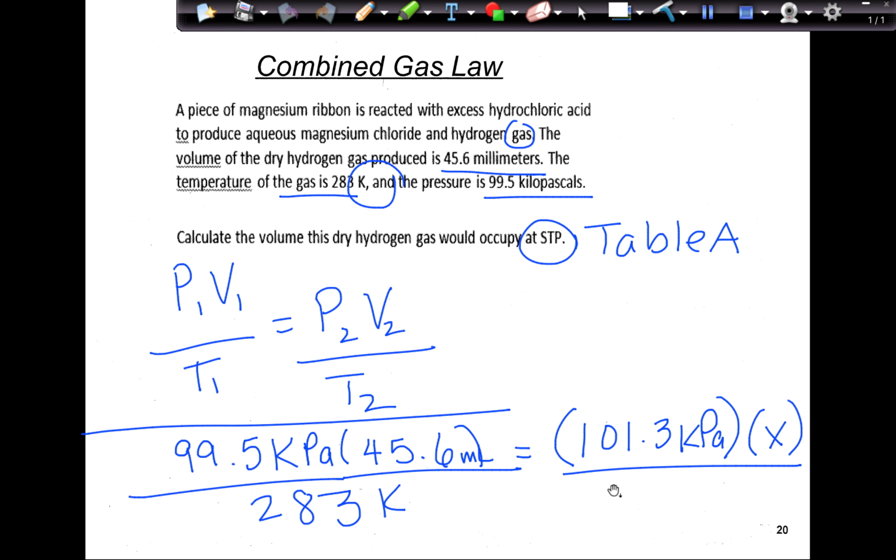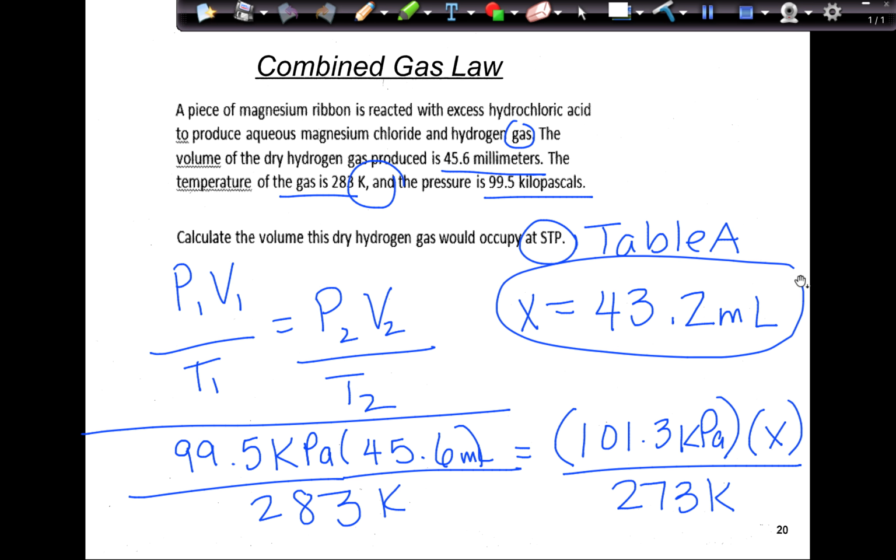We're looking for the new volume, and the new temperature is 273 Kelvin. We will then cross multiply and solve for X on our calculators. And I'll give you a second to do that on your calculator. Set everything equal and divide by what's in front of X. And when I did this, I got X equals 43.2 milliliters.